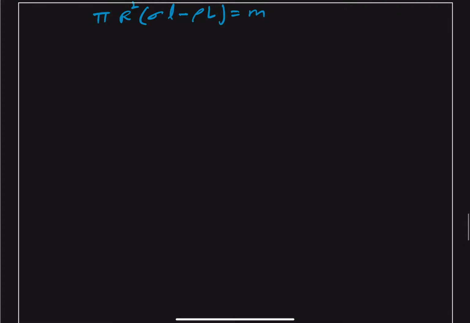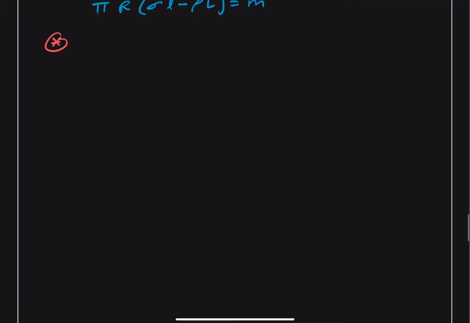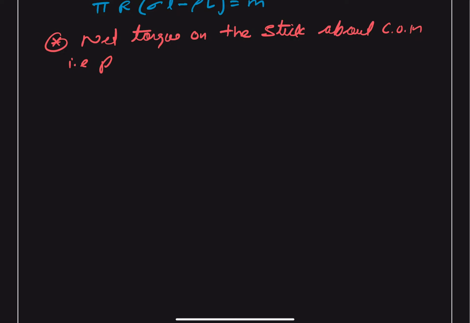And also the net torque about the center of mass C should be equal to 0. You can say net torque on the stick about the center of mass, that is point C, is 0.